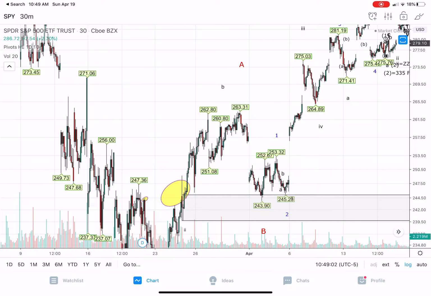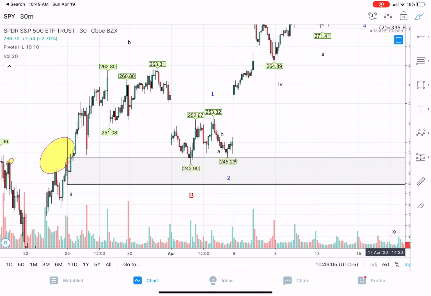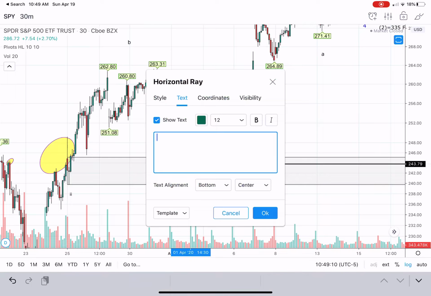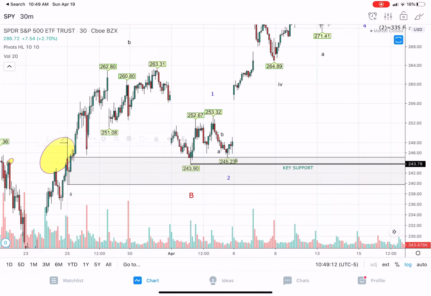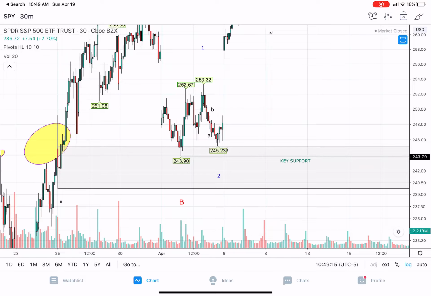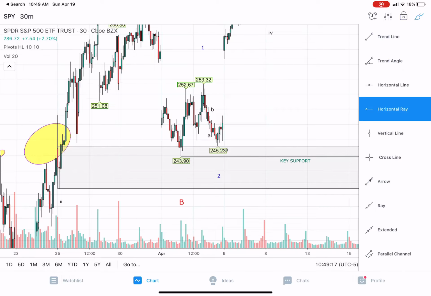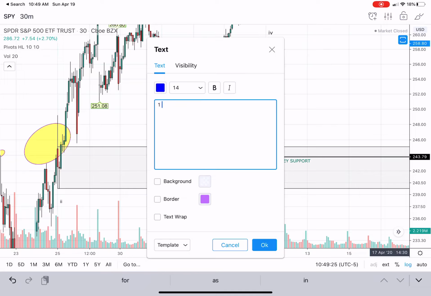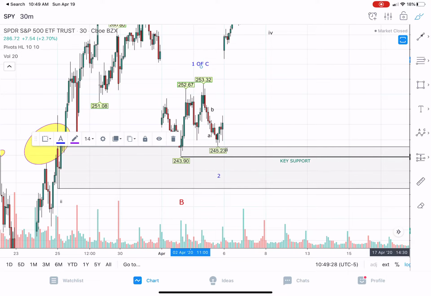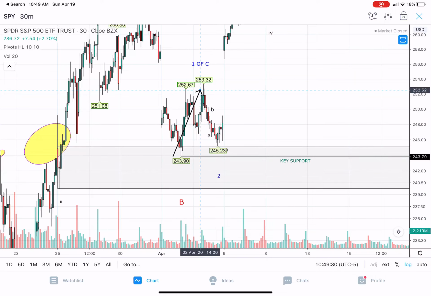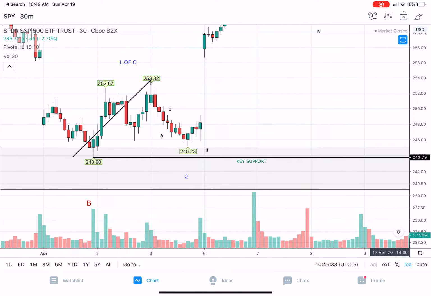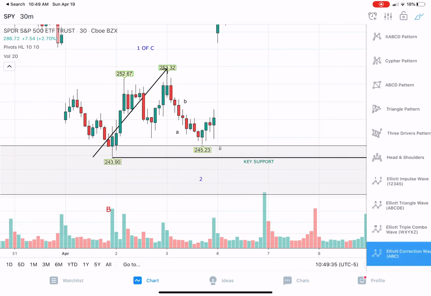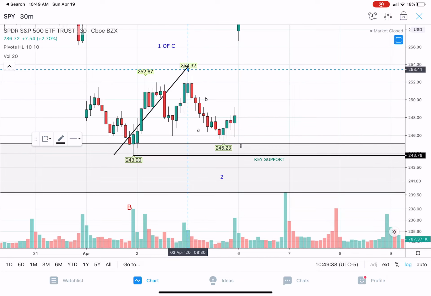So, now we know that this low is critical key support, and this low is going to begin a new impulsive move up. So from this low, we have our wave 1 of C. Wave 1 of C. We have our first impulse up, and then we have a clear ABC zigzag correction.